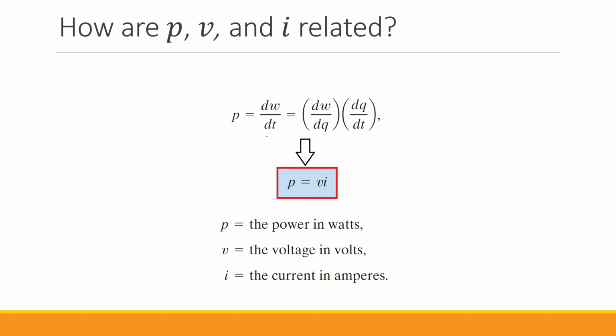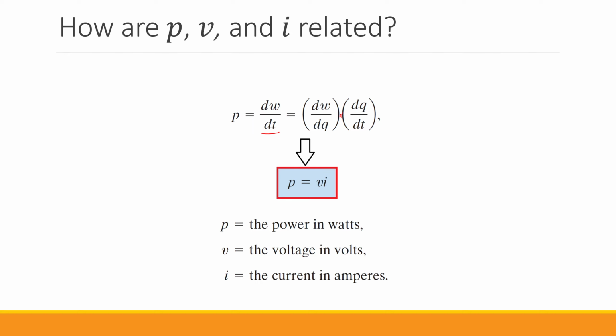Power is defined as the derivative of the energy with respect to time. This equation can be transformed into a subsequent equation which shows the derivative of energy with respect to the electric charge multiplied by the derivative of the electric charge with respect to time.